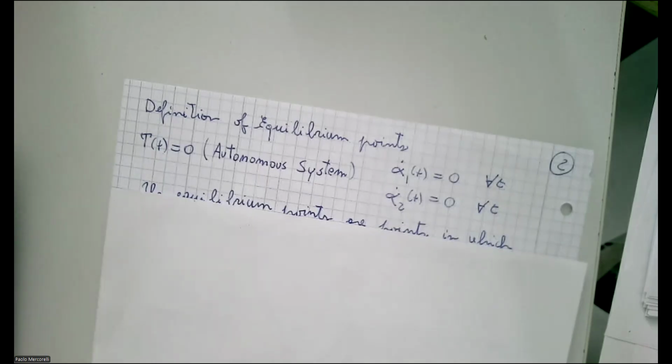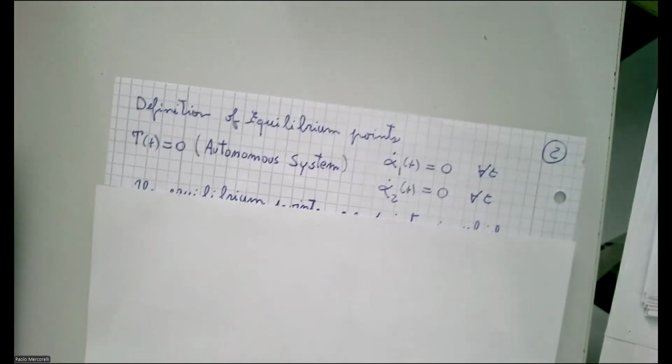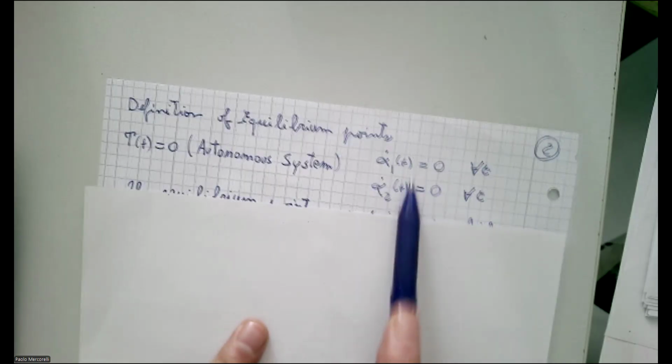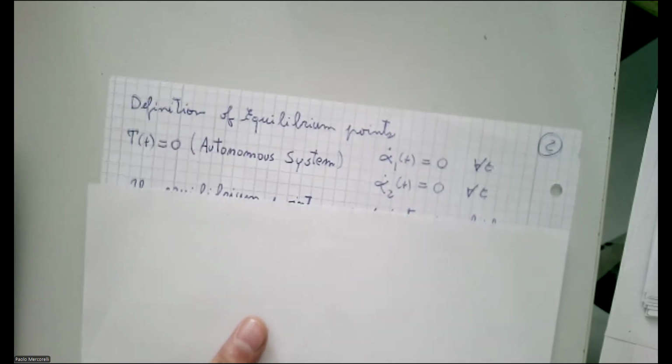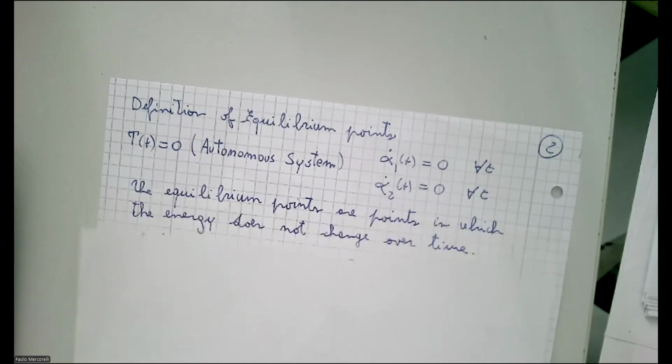Input zero: autonomous system. The idea is to calculate for this autonomous system where the system remains in equilibrium. This is the mathematical definition. I sketched it, of course; the mathematical definition is a little more complex, but let me go ahead intuitively.